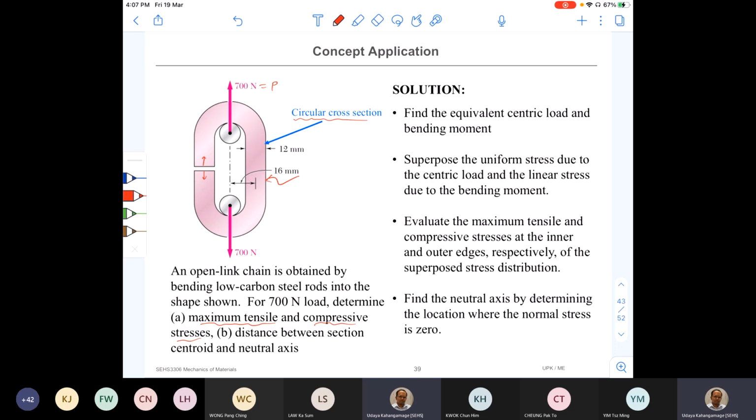From that, you can see which side is under compression, which side is under tension. So the outside, which I marked with a red arrow, is that side under compression or tension? That's my question. I need an answer.